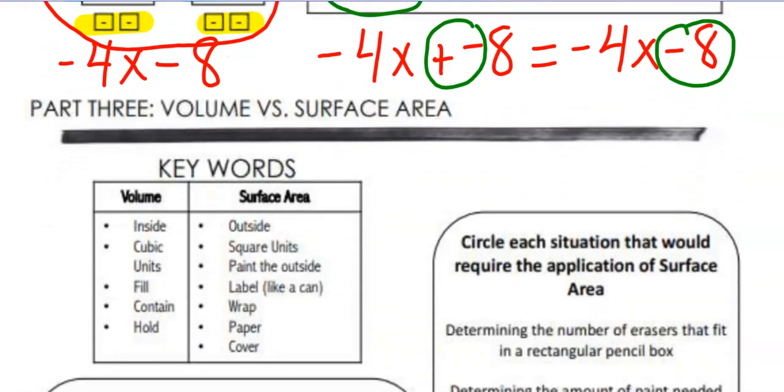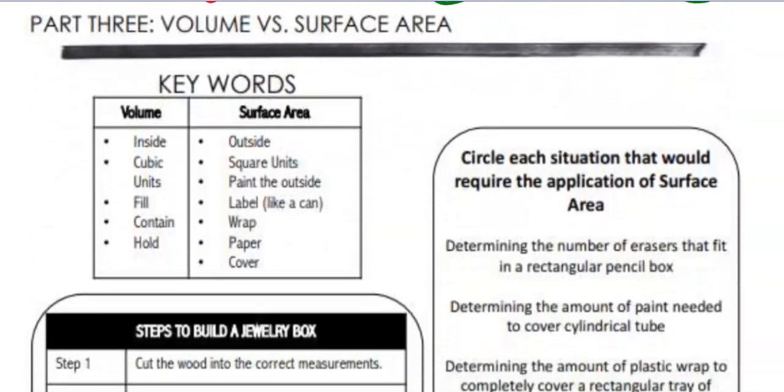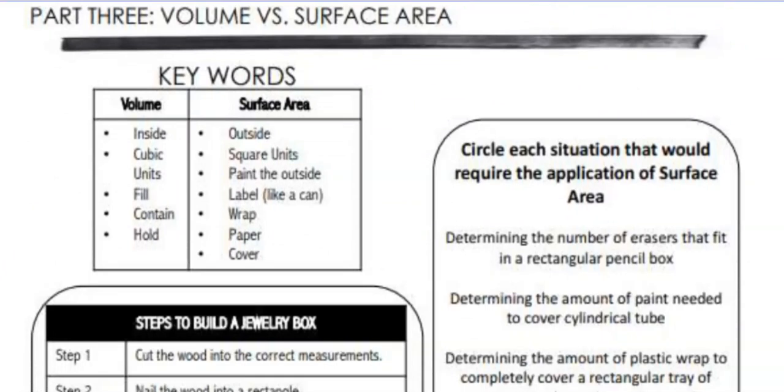Moving on. Now we're going on to volume and surface area. One of the things that's important is that we recognize the keywords for volume: inside, cubic units. When we fill something, something contains something, or it holds something. Whereas with surface area, it's going to be if you're on the outside of something, like outside of a box.